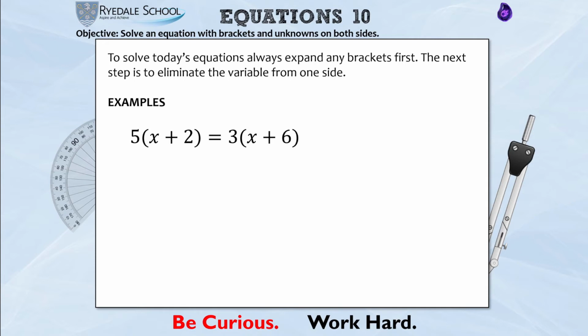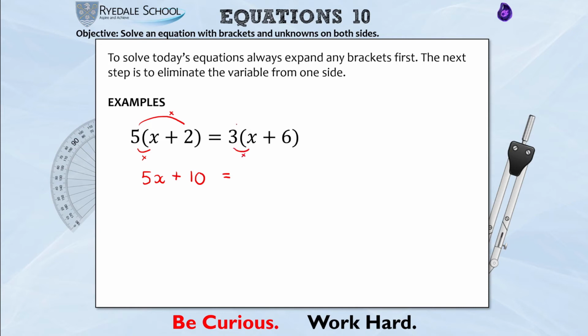I have 5 bracket x plus 2 equals 3 bracket x plus 6. So remember please, when you are expanding a bracket, we are doing some multiplying. So this first bracket is 5x, 5 times x, plus 5 times 2, which is 10.